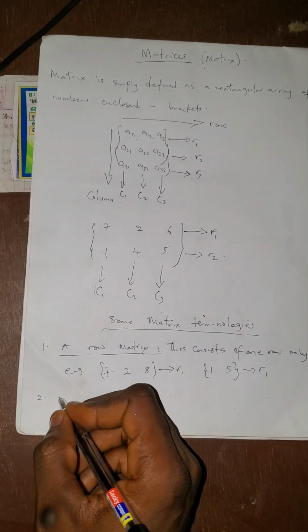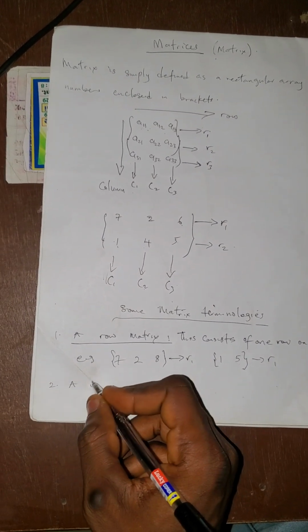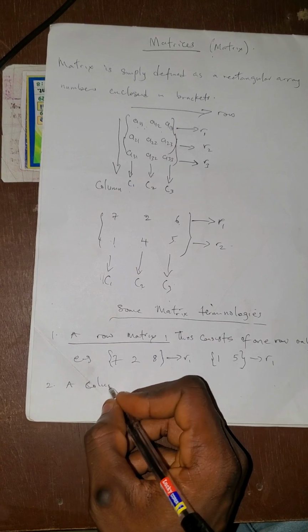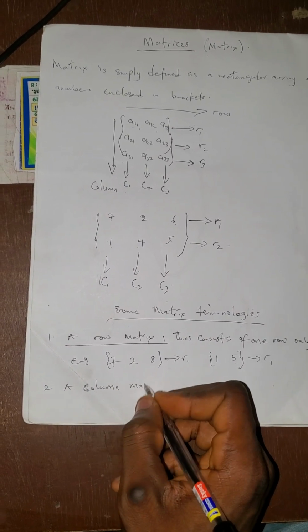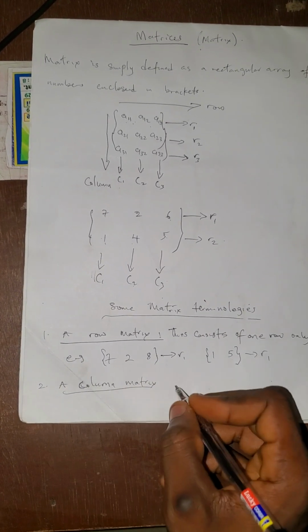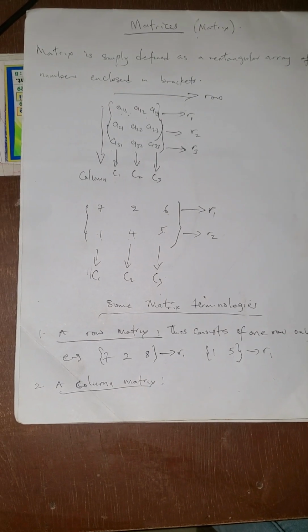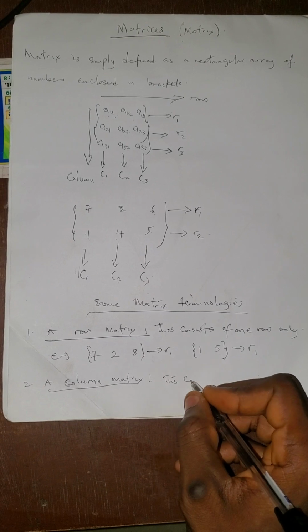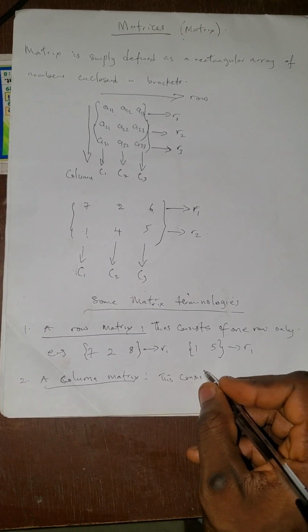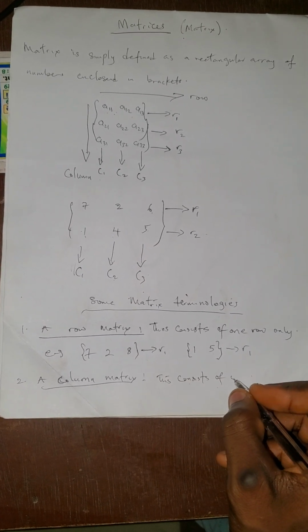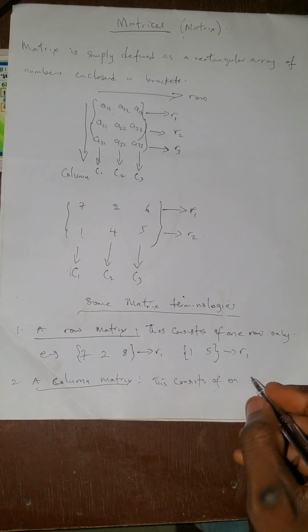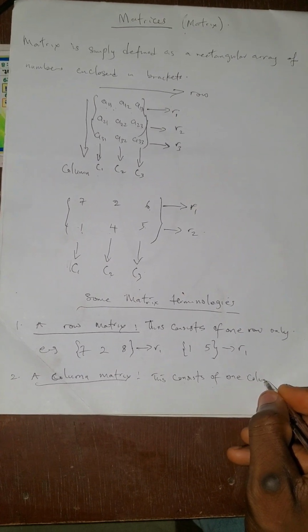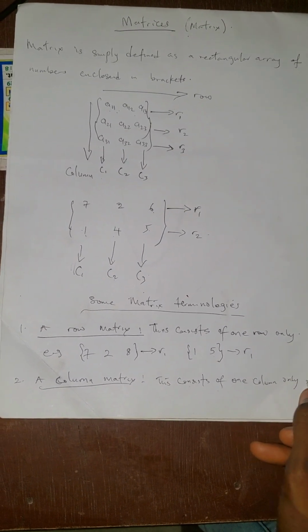Number 2, a column matrix. Now what do we mean by a column matrix? This consists of one column only.